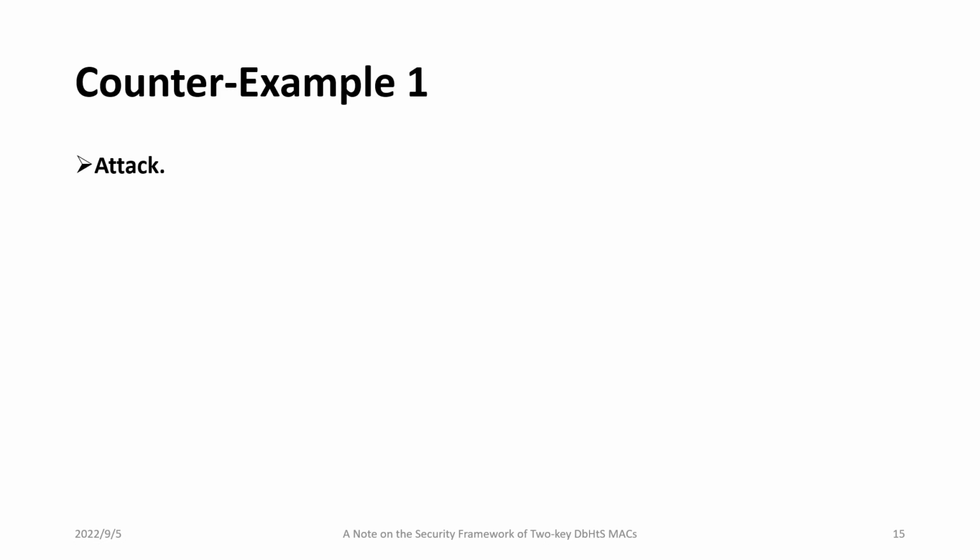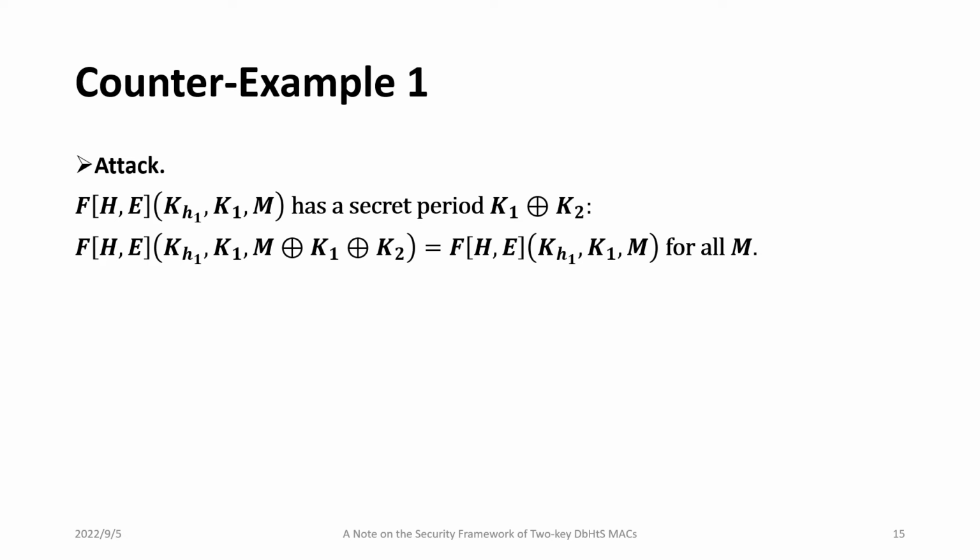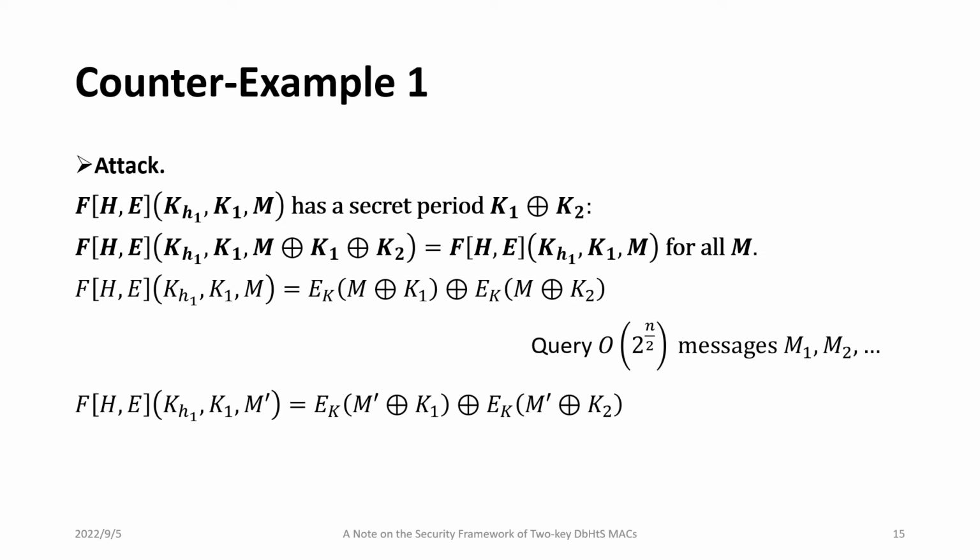Now we show there exists a 2^(n/2) queries attack even in the single user setting. In fact, our example has a secret period key1 XOR key2 in its input. After the adversary makes about 2^(n/2) queries with messages m1, m2, and so on, it can find a pair m and m prime for which the output of the first hash function with m collides with the second hash function with m prime.